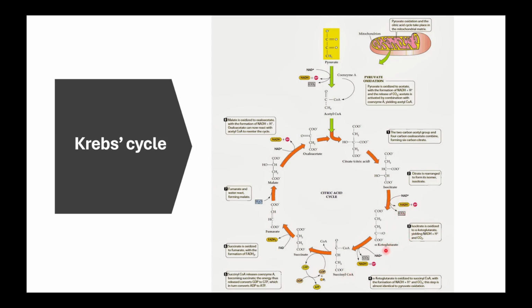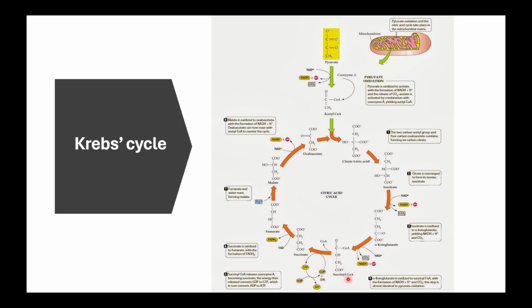From alpha ketoglutarate to succinyl coenzyme A, another carbon gets released in the form of CO2 and we get NADH plus H plus. So alpha ketoglutarate is oxidized to succinyl coenzyme A, forming NADH plus H plus and CO2, and this is almost similar to what takes place in pyruvate oxidation here.